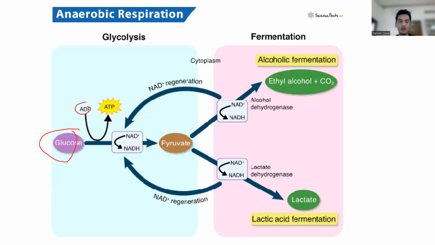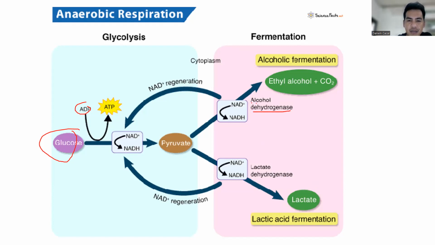Okay? So, once na na-release ang NADH, there is a pyruvate. So, the pyruvate will produce ethyl alcohol or carbon dioxide and the lactate through the process of the conversion of the NAD+ to NADH through the process of alcohol dehydrogenase.